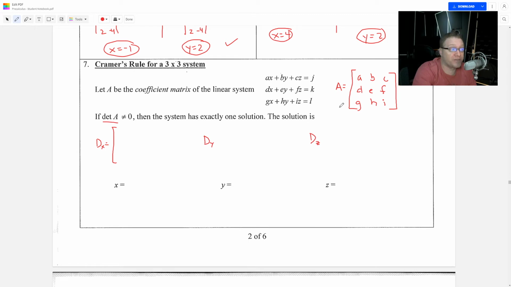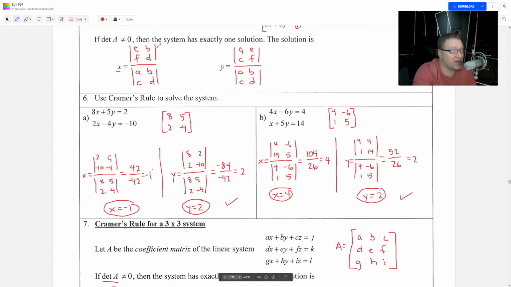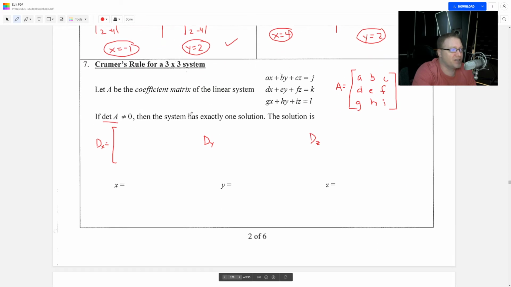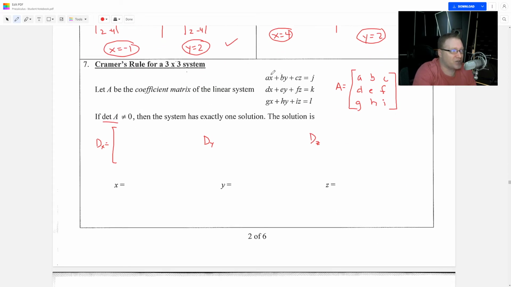The only difference is that we're going to take out, just like up here, remember we had to take out the x ones and replace them with the e and the f over here. We're going to do the same thing here. For dx, we're going to take out all of these, and we're going to take this and put it there.